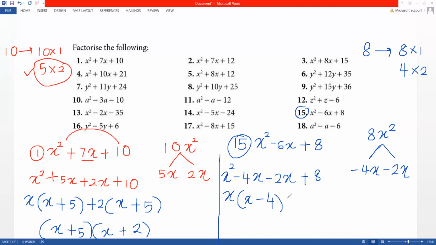Then in the other one I'm taking minus 2 out. Then again inside I'll get x minus 4, because 2 times 4 gives 8. Now I can take my common term, x minus 4, in one bracket and x minus 2 in another bracket. So this is how we are doing this type of factorizing.